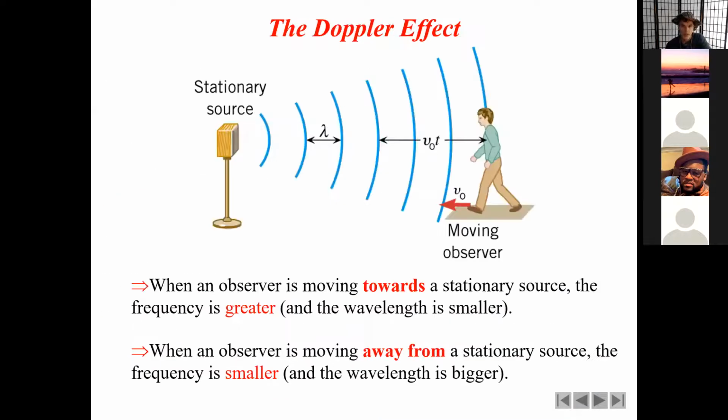The question is, could the same thing happen if the source of the sound was stationary and you were moving? And the answer is yes. Let's just say I had a speaker and I could run fast enough either towards or away from the speaker.